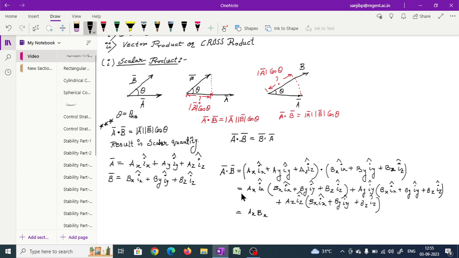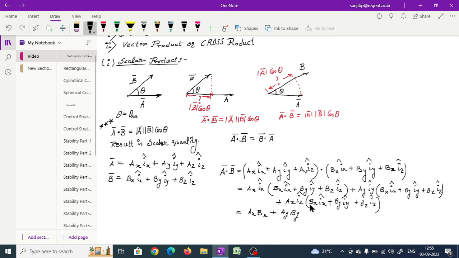Follow this. Next part: ax by, no, just try ix with iy, that will be 0, and ix with iz will be 0. No questions to wait for that. Next, only iy is applicable, so the rest of the part will be 0. Here we will get ay by, and you know iy dot iy, the dot product between these two, is once again 1.